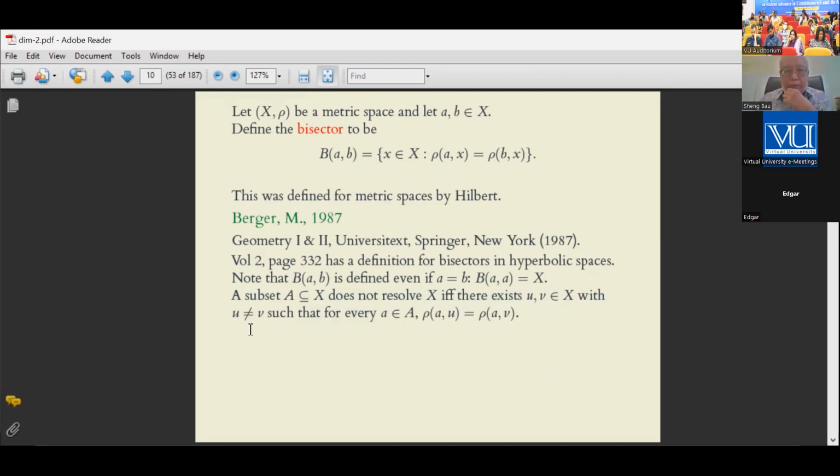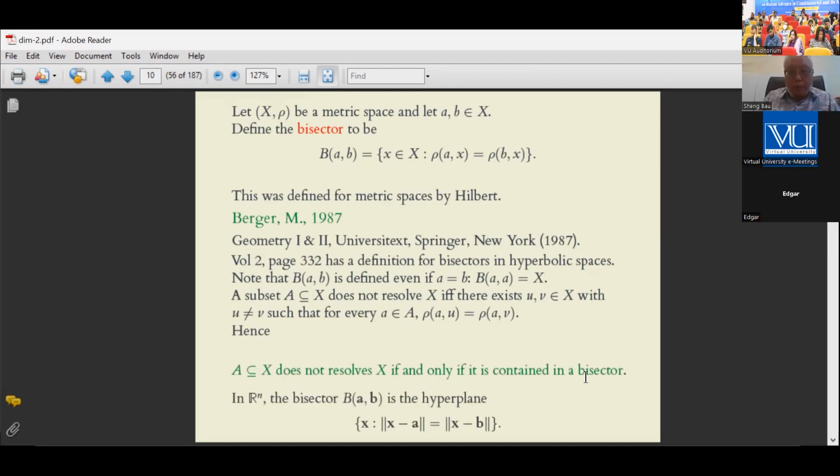If it doesn't resolve, then if and only if this is true, there must be a point that lies on the bisector. So this is the statement.